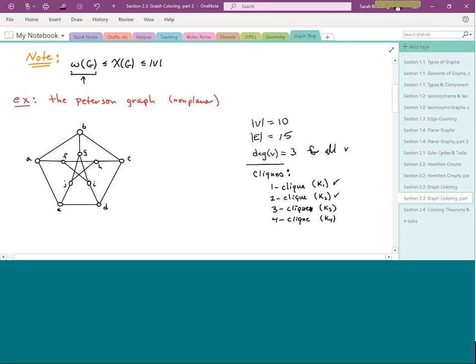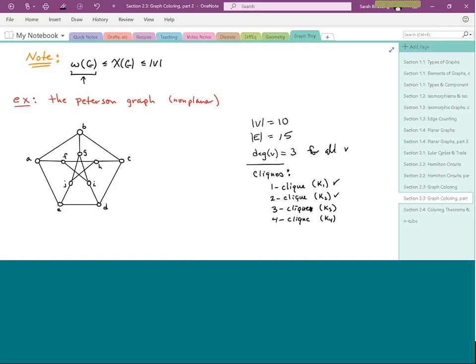Now, I would recommend always doing them in order, because remember what we talked about last time. If you have a larger clique, you always have all of these smaller cliques embedded inside of that larger subgraph. So if you check and the 3-clique doesn't exist, the 4-clique will automatically not exist. You don't even have to check it.